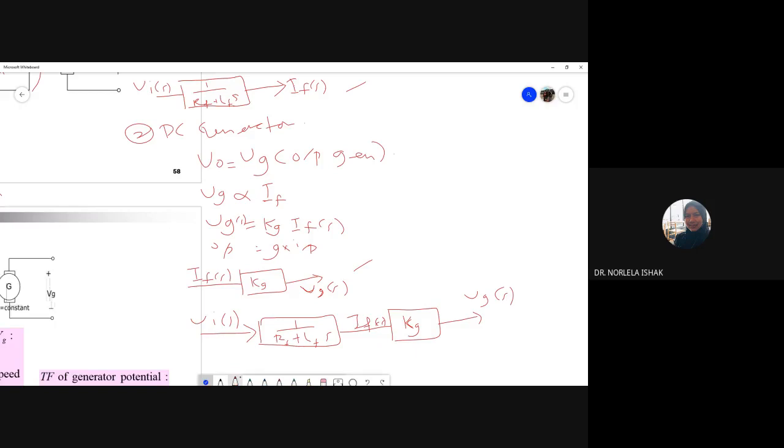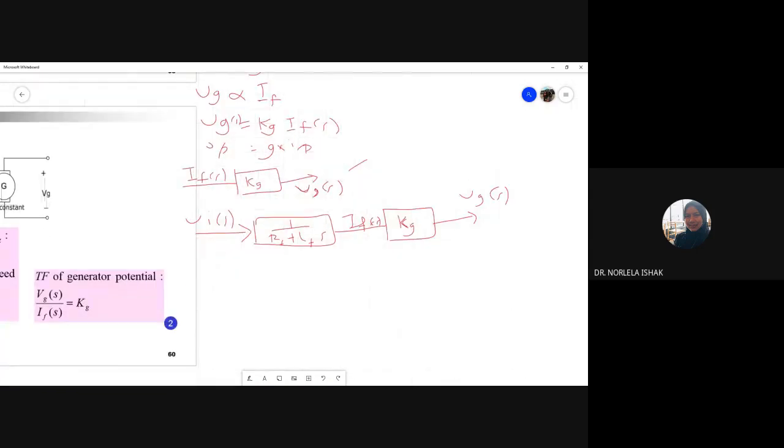Okay, so from here, you have to define the transfer function. What is the transfer function? The transfer function is VG(s) over the applied voltage, equal to, you cascade these, so you get Kg over R_F plus L_F s. Okay, this is the transfer function of the armature control DC generator.